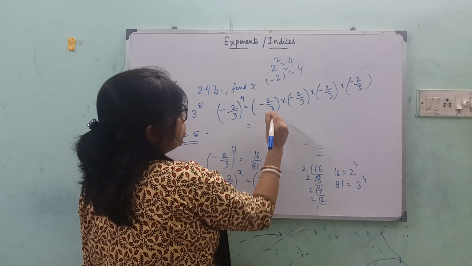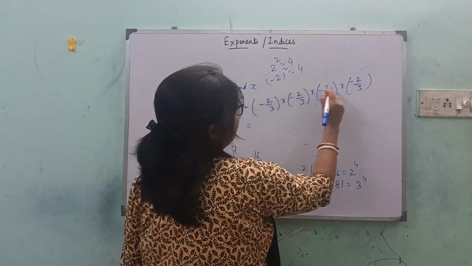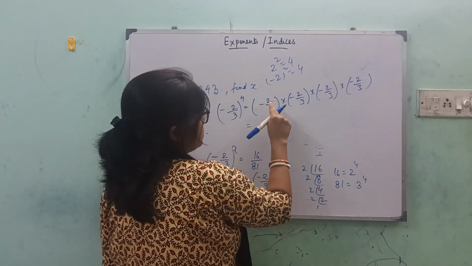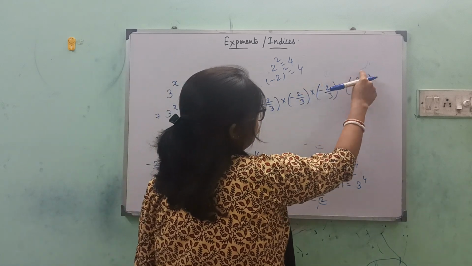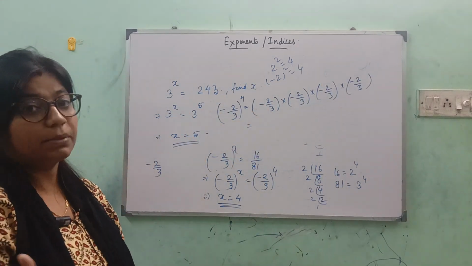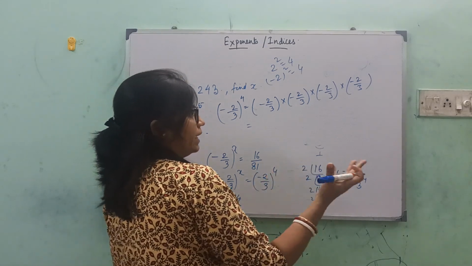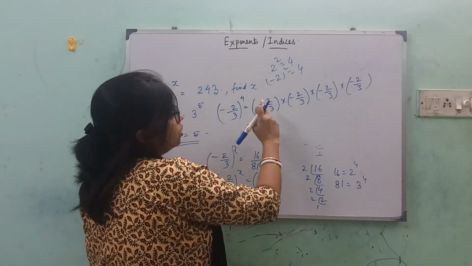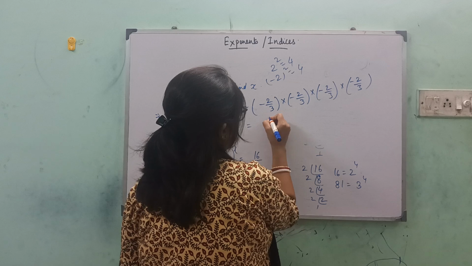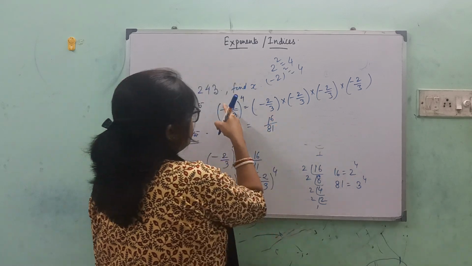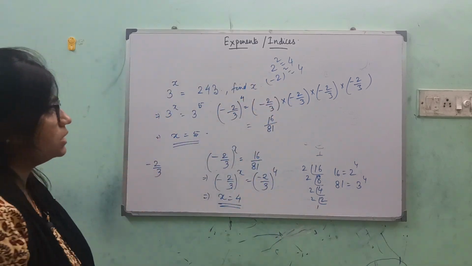Okay, so this is minus 2 into minus, because there are 4 minus signs, the product will have a positive sign. Now 2 into 2 into 2 into 2. We know how to multiply rational numbers. So 2 2s are 4, 4 2s are 8, 8 2s are 16. 16 by 81. So minus 2 by 3 whole to the power 4 is 16 by 81.